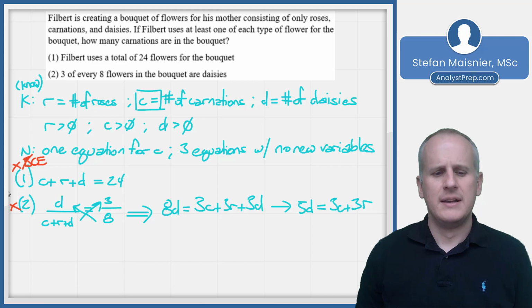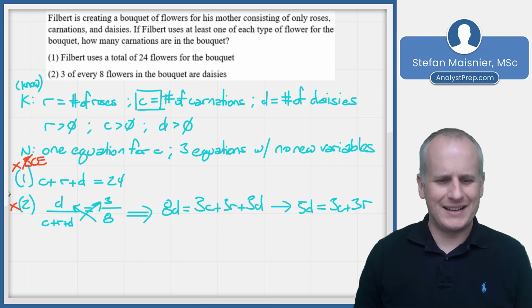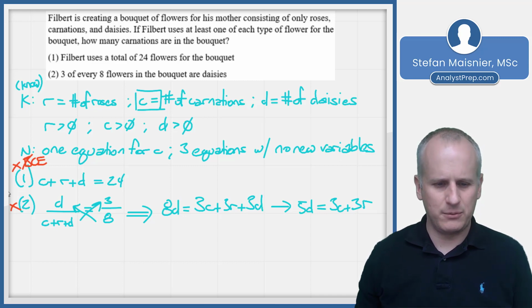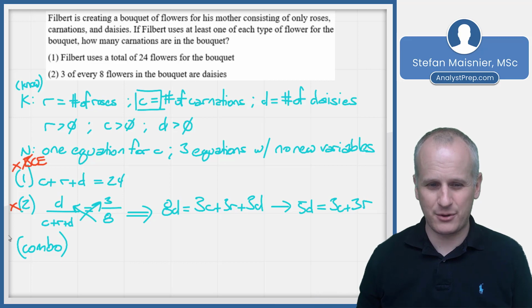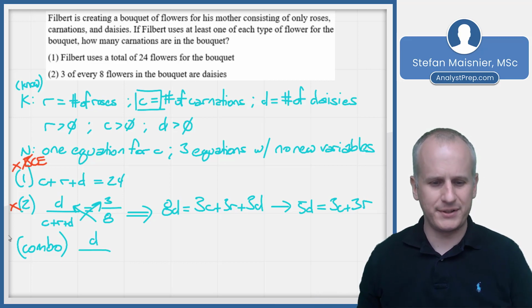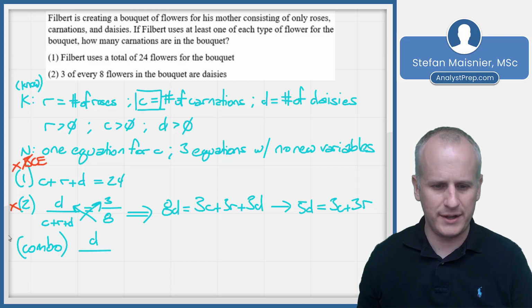Now, knowing that C plus R plus D equals 24 as a combination, we can solve for something, but is it the right something? So we know that D over C plus R plus D, which we now know from condition 1 is 24, is equal to 3 over 8. So that tells me that D is equal to 9.